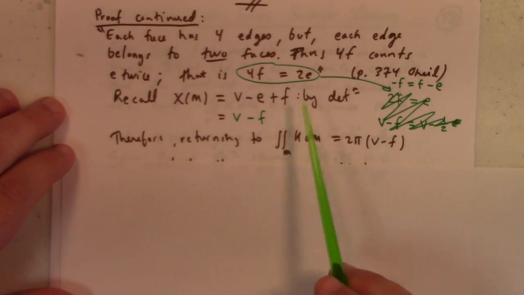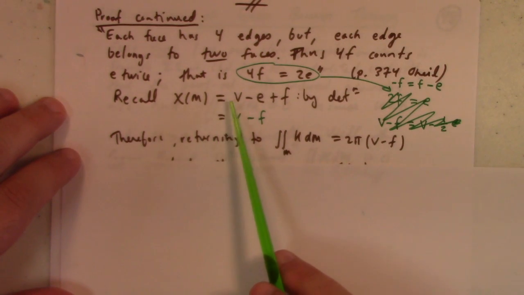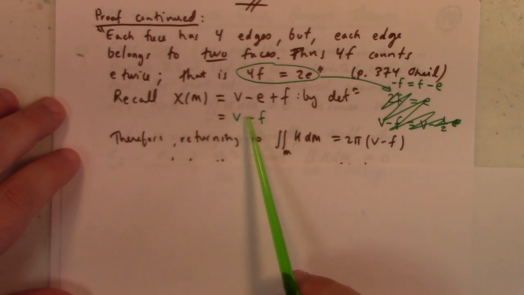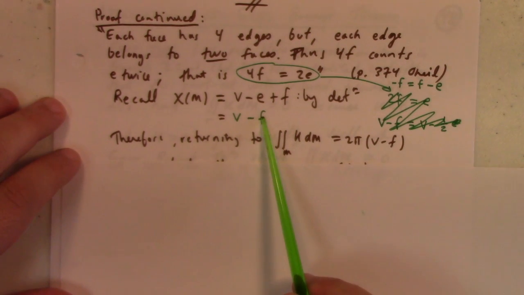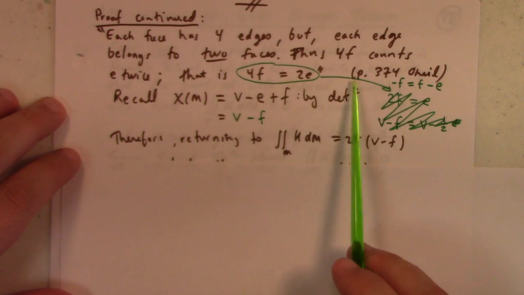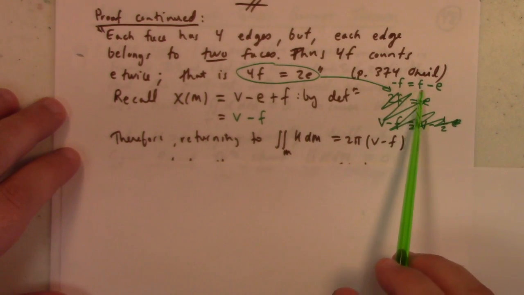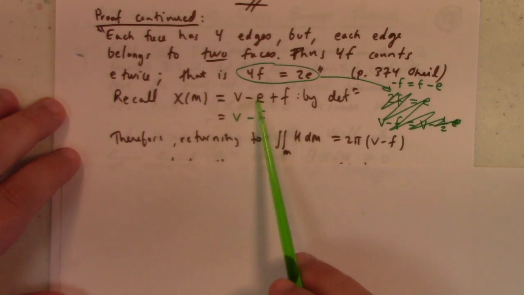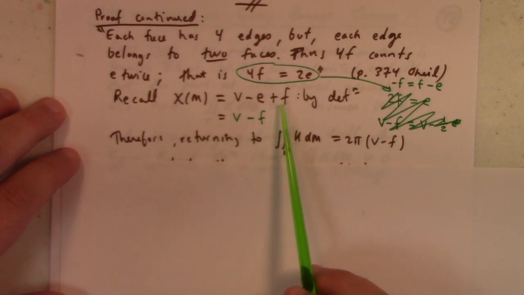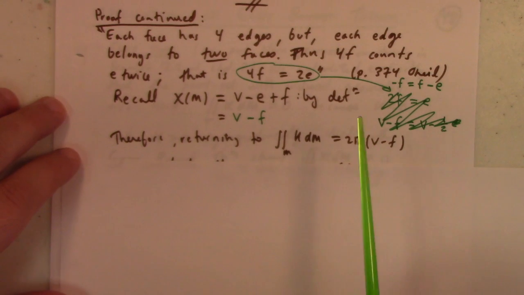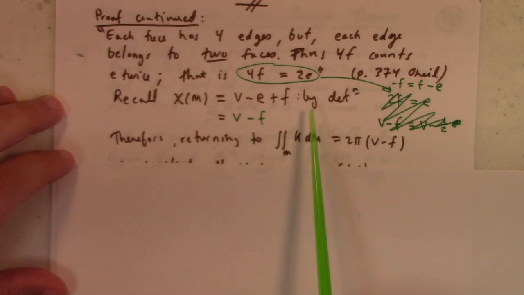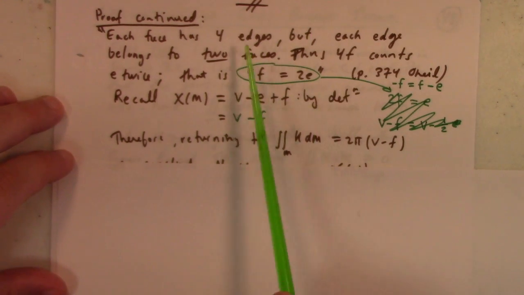All right. So the Euler characteristic was defined to be v minus e plus f, but that works out to v minus f, because this gives us that minus f is equal to f minus e by algebra. And so f minus e is just minus f. This is for rectangular decompositions.